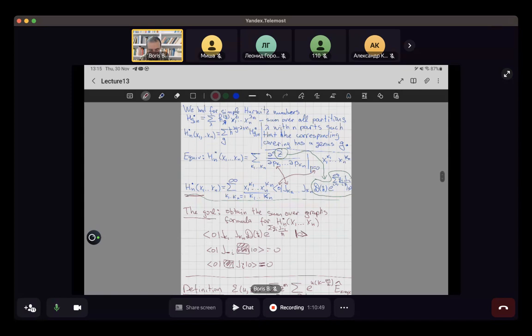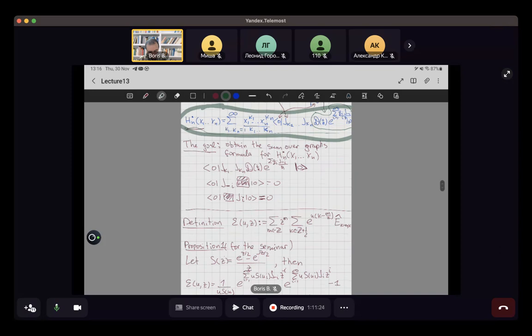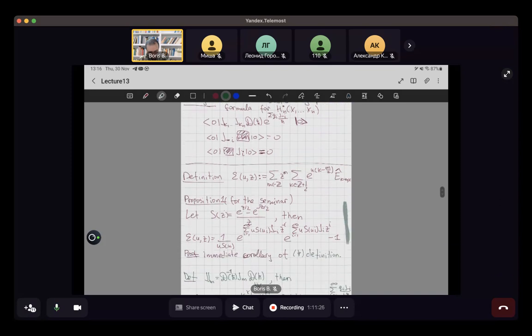Then we recall who is this H and rewrite this H in terms of the bosonic operators, and we obtain this important formula for us. And then I discussed the idea of what we are going to do, and now I'm trying to follow the plan. But in fact, I left a lot of exercises for the seminar, including the expression for this epsilon.